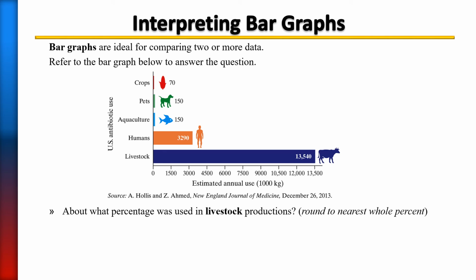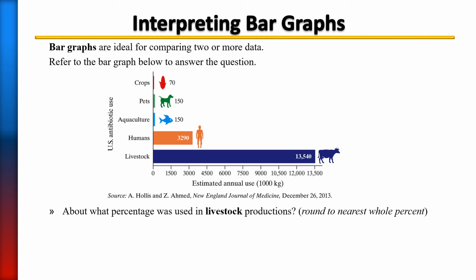So we're asked a question about what percent was used in livestock production. All you have to do is look at the livestock bar and see how far it extends. And in terms of its number, notice that the x-axis is your estimated annual use in kilograms, 1,000.